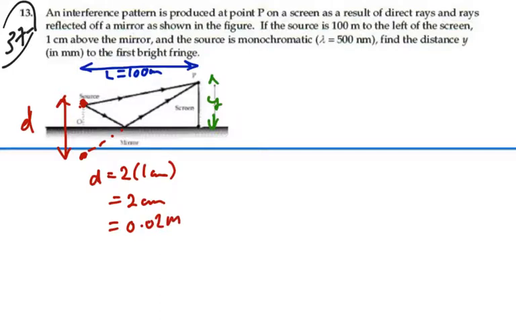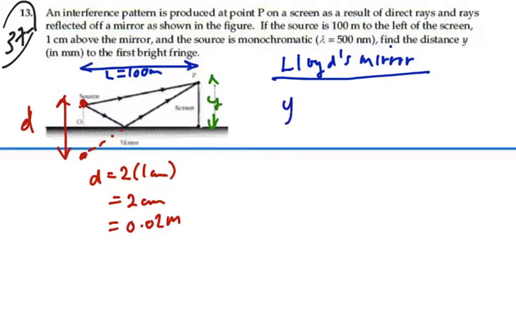Okay, we're also going to have a phase reversal of this ray that reflects off the mirror. This configuration is called Lloyd's mirror. And because of that phase reversal of the reflection, the y locations of our fringes is going to be reversed.